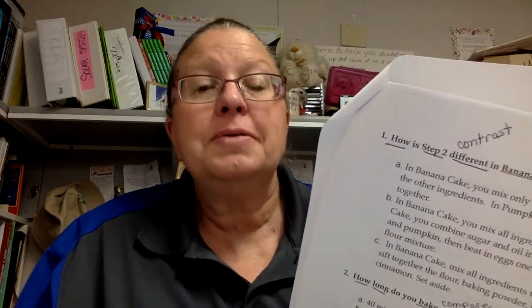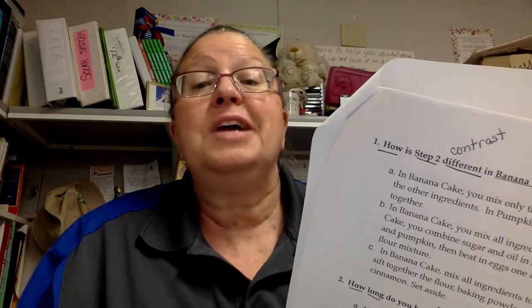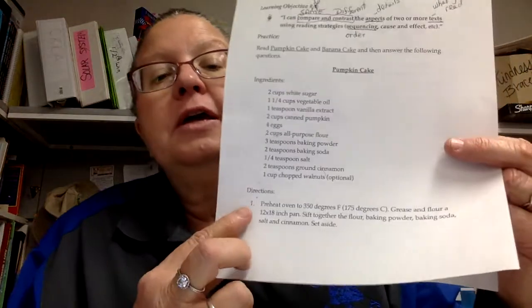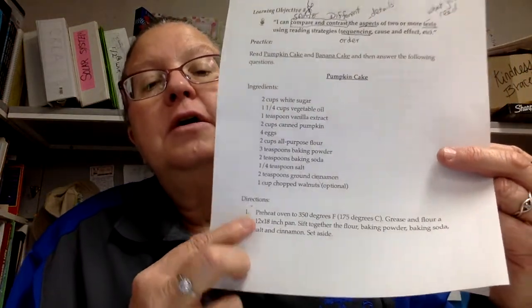So here's my question. Do I really need to read all the pumpkin directions? No, I only need to go to step 2. So I'm going to go to step 2 in the pumpkin cake, and step 2 in my banana cake. Back to my pumpkin cake, oh, there's only one step here. So I'm going to turn it. And look, at the very top is step 2.